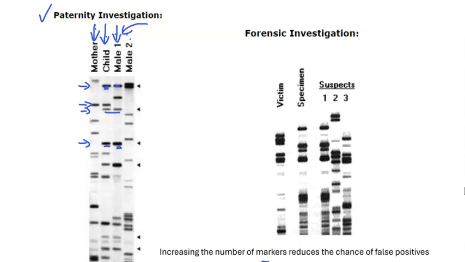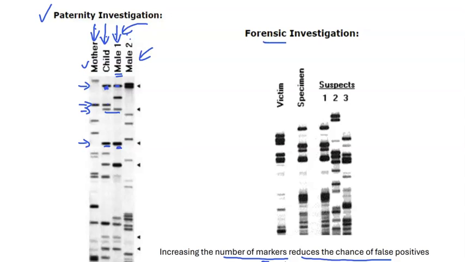This is a crucial aspect of gel electrophoresis with these investigations: we need to increase the number of markers to reduce the chance of any false positives. Notice that male 2 has no matching bands with the child. So in this particular case, this being the mother, this is the child, and male 1 is indeed the father.